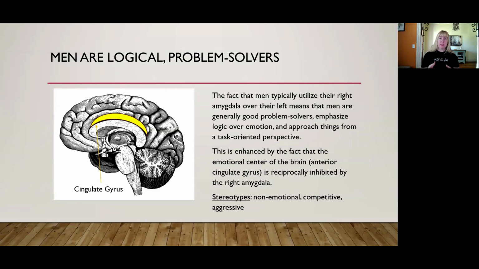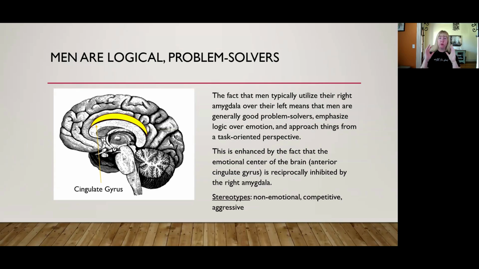But what's interesting about this particular part of the brain for men is that it is reciprocally inhibited by the right amygdala. What do I mean by that? Reciprocally means back and forth, right? And inhibited means that something is suppressed. So the right amygdala, remember, is that part of the brain that's scanning the environment, looking for threats, signaling for more testosterone when there is a threat in order to go into battle mode.